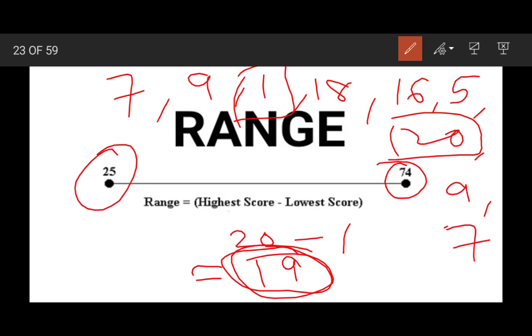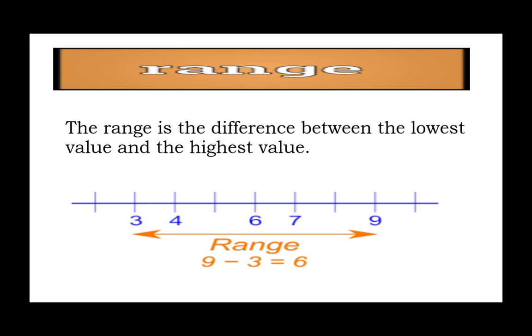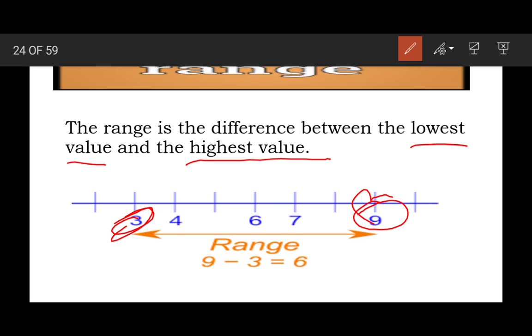This is the simple definition of range. Range can be defined as the difference between the lowest value and the highest value. Suppose this is the data, then find the lowest value and the highest value. The lowest value is 3, the highest value is 9. So the range will be 9 minus 3, that means 6.